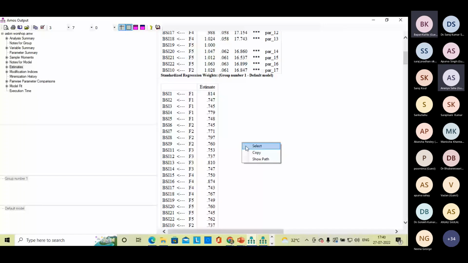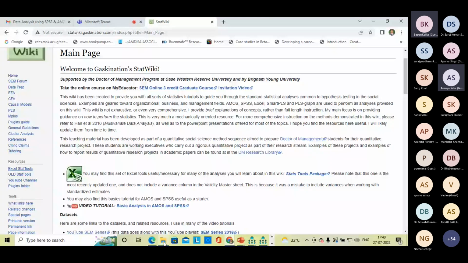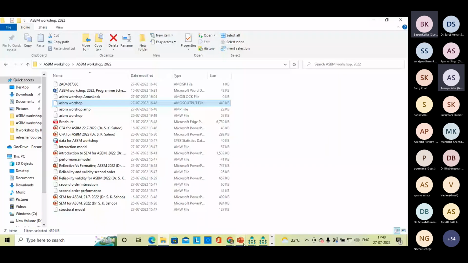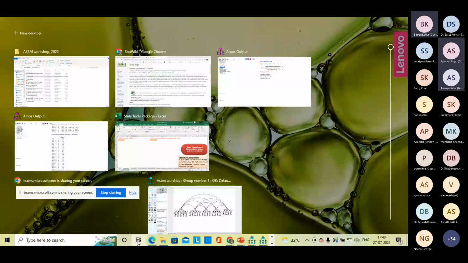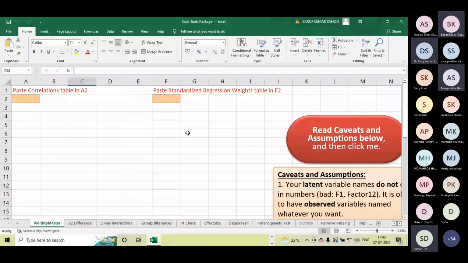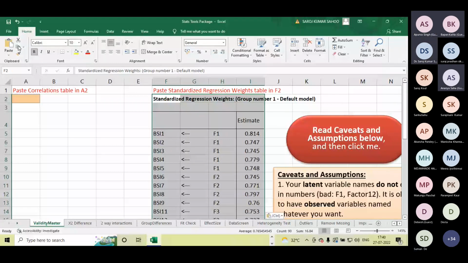But my laptop is hanging. Sir, how do we have to enable macro? Go to the file.